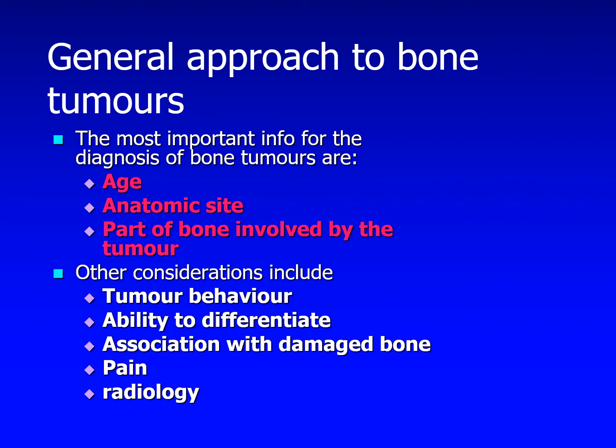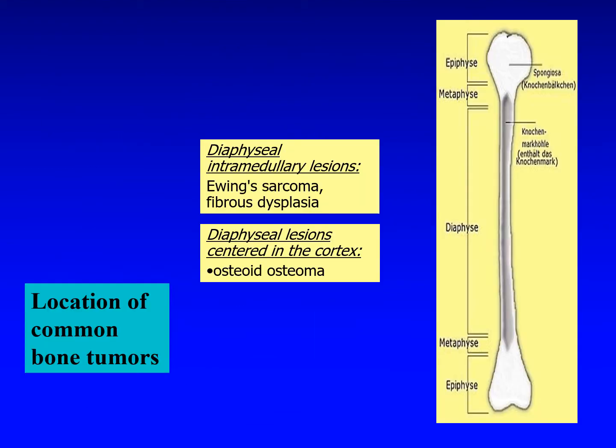This is why tumors that occur in the adolescent age group are seen mostly around the knee. For example, osteosarcoma. Many of the tumors also tend to occur around the metaphysis during this period, which is the center for developing bone.